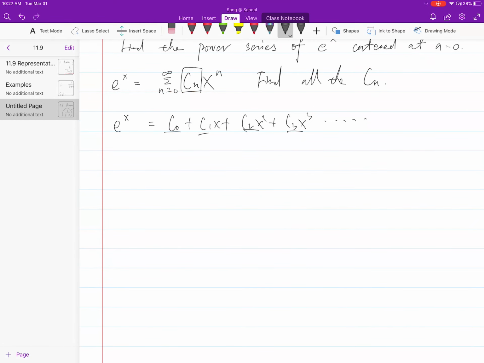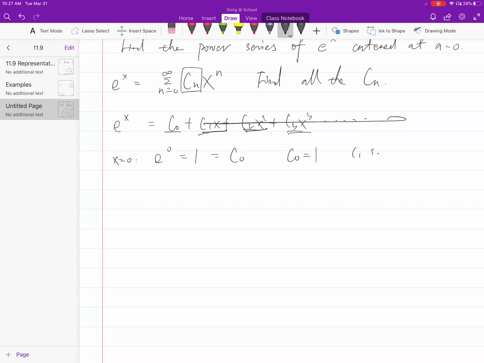Well, just given what I wrote down, I can plug in some numbers. I want to plug in x equal to 0 and see what happens. On the left, I have e to the 0, which is 1. On the right, what do I have? It's pretty nice because if you plug in x equal to 0, anything with x or x squared or x cubed will all go to 0. Only C0 remains, so at least I find the first coefficient. It's 1. All right, that's good.